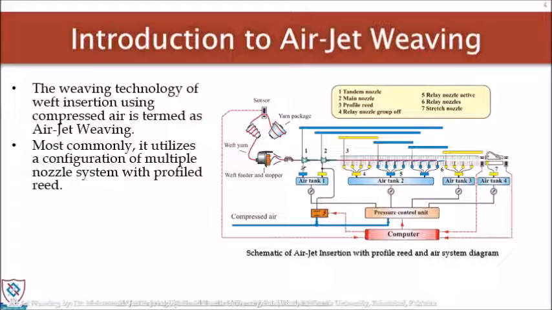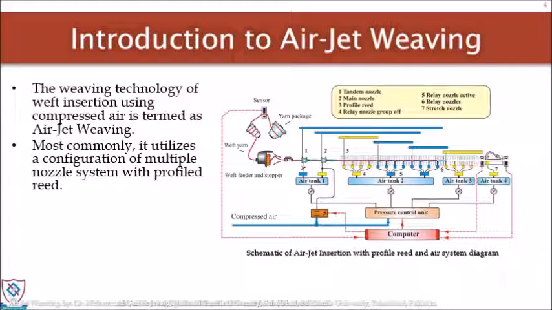The most common way of employing the air jet weaving process is the use of multiple nozzles, with the help of a profile reed that provides the channel in which the yarn can flow, where we blow and take the yarn to the other side of the machine.